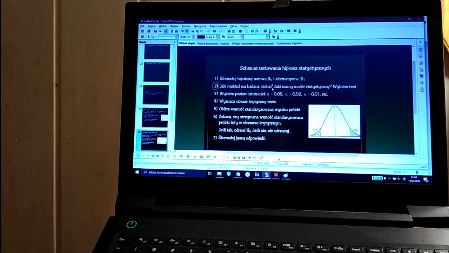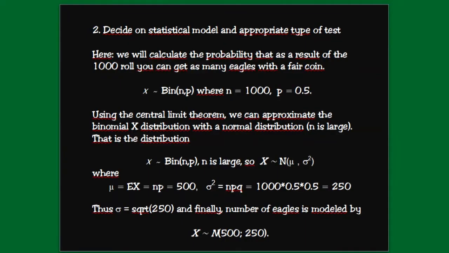Now, we of course notice that we have very many occurrences, very many trials. So in this case, the binomial distribution might as well be modeled by normal distribution with parameters mu and sigma squared. Mu is the mean, and the mean is the same as in the binomial, which is np.